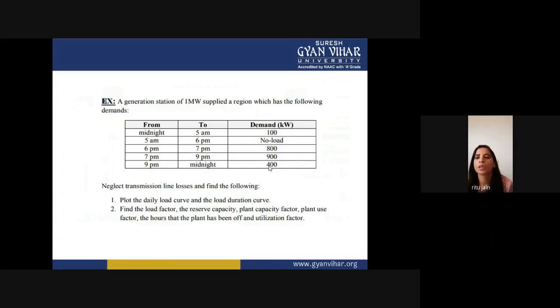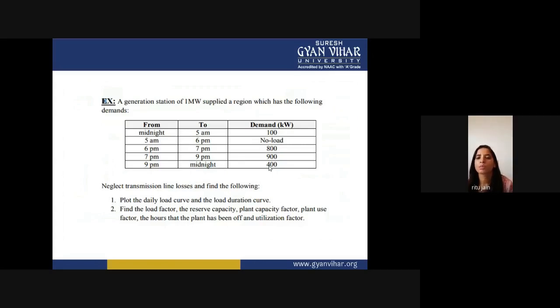From 5 a.m. to 6 p.m., it has no load. From 6 p.m. to 7 p.m., for 1 hour, it is 800 kilowatt, and from 7 p.m. to 9 p.m., for 2 hours, it is 900 kilowatt. From 9 p.m. to midnight, the load is 400 kilowatt.